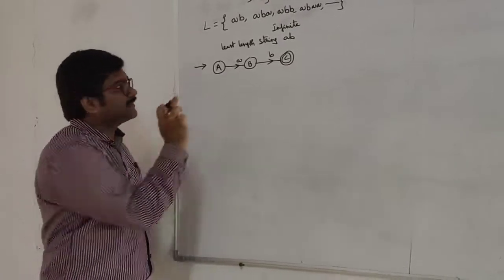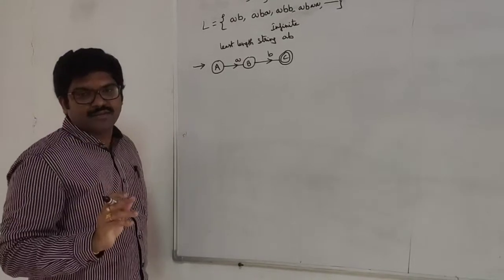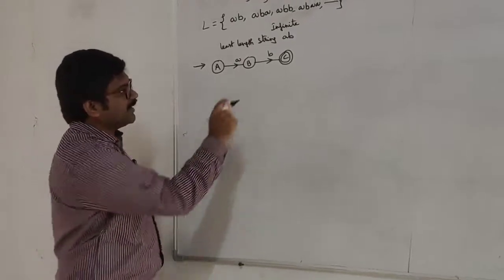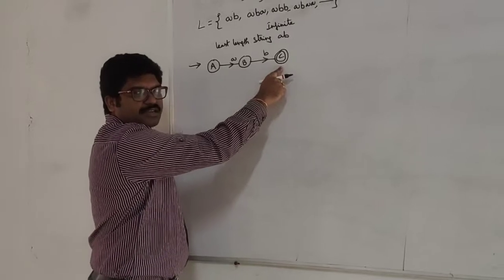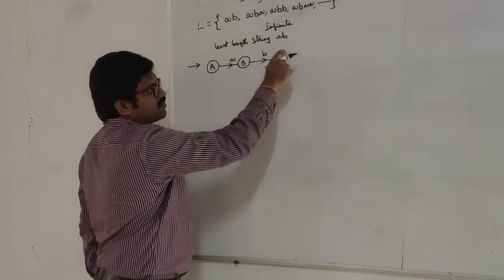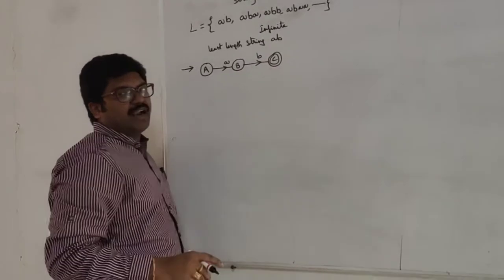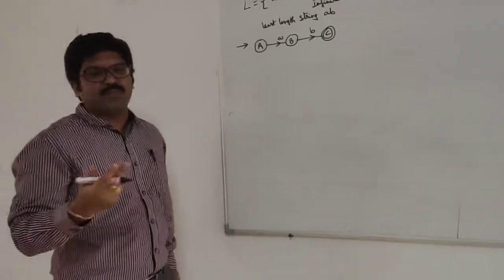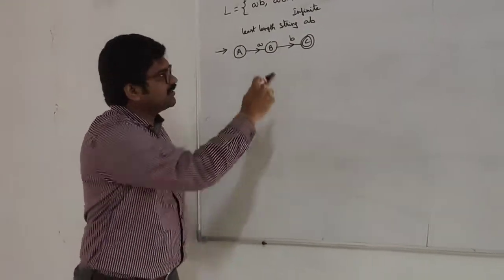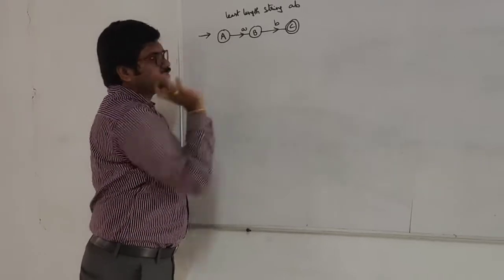That's the reason this state is not complete. That is the meaning of complete. Similarly, is the state C complete? No, because when we are in the state C and have the input symbol a or b, we don't have transitions. So this state is also not complete. Similarly, B is also not complete.